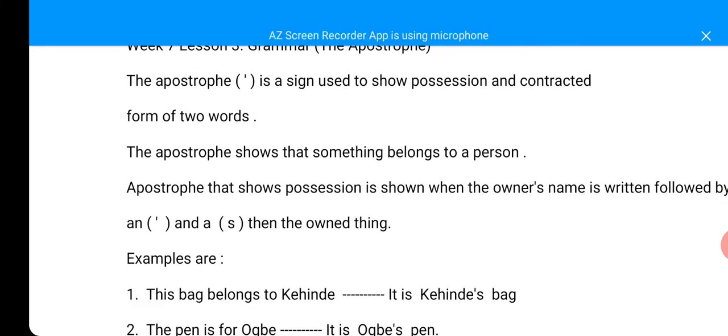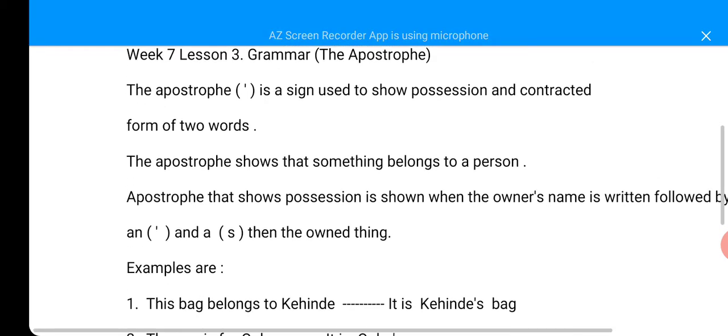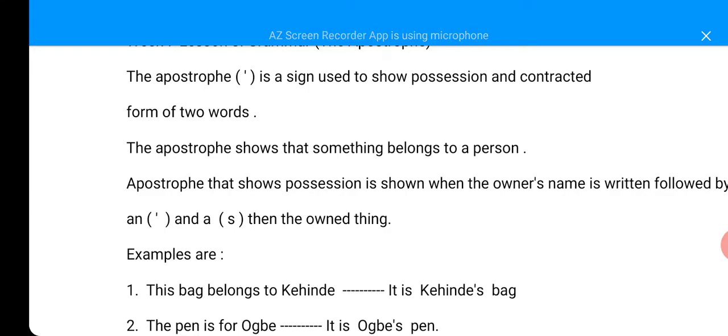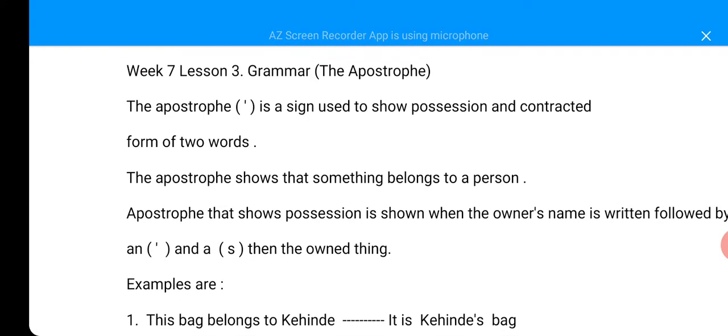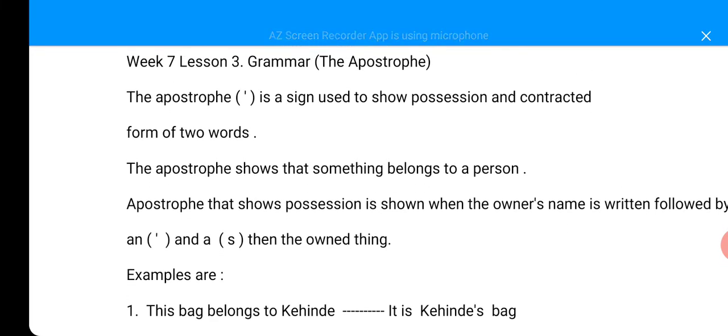Apostrophe can be used to show possession, and it can also be used to contract two words, just like we did in our previous passage, Week 6, Lesson 3 of last week.